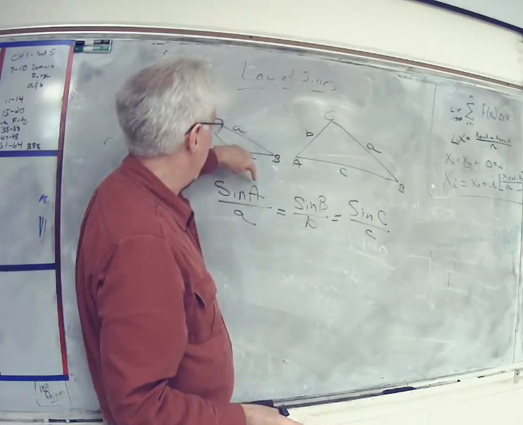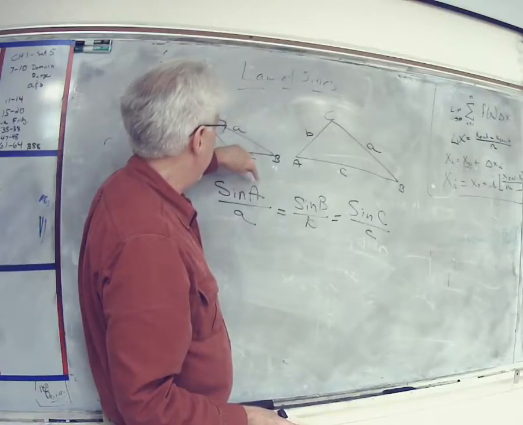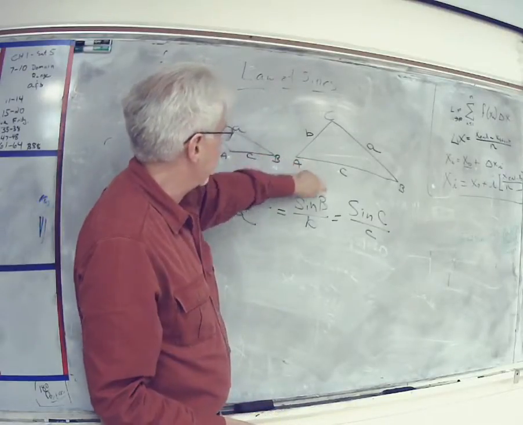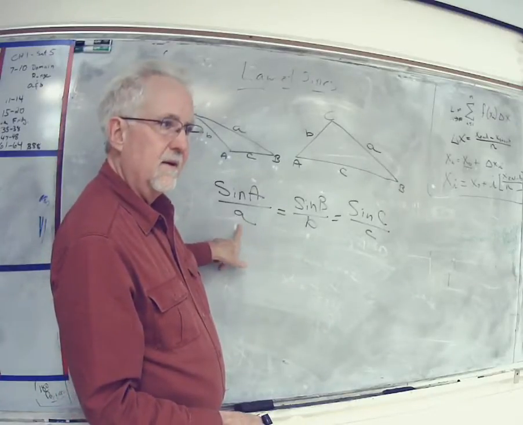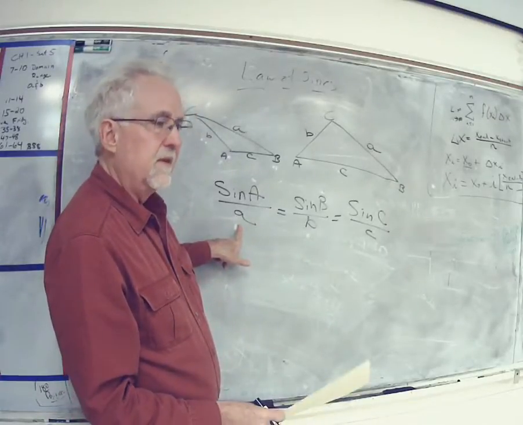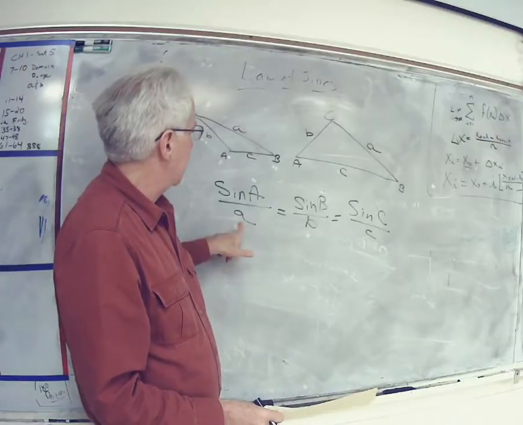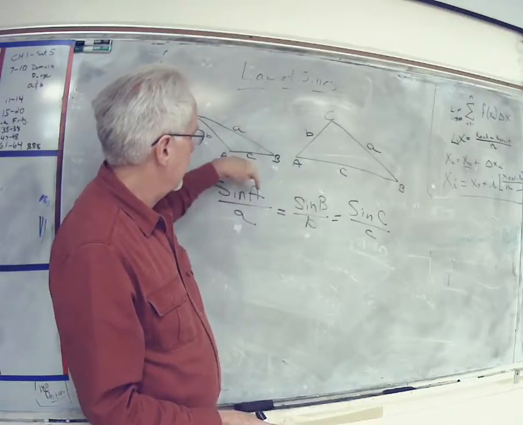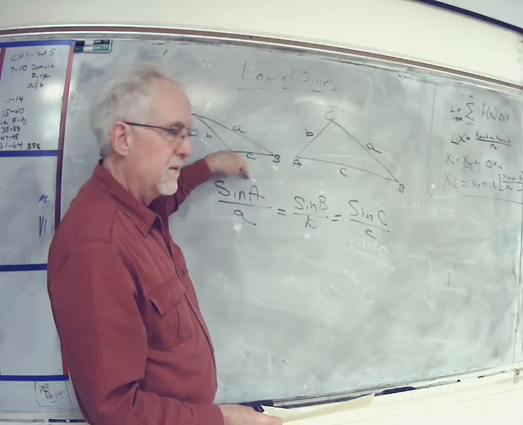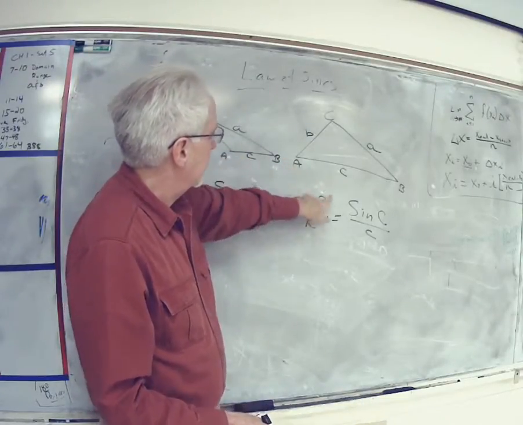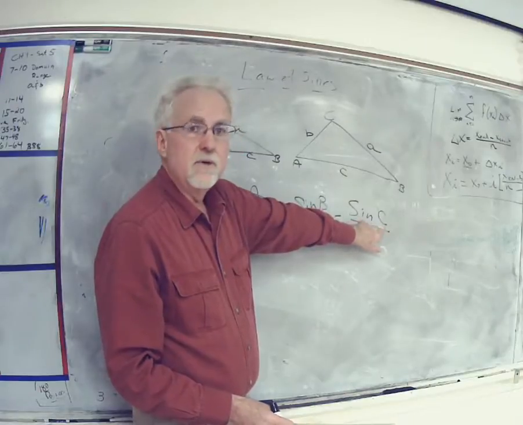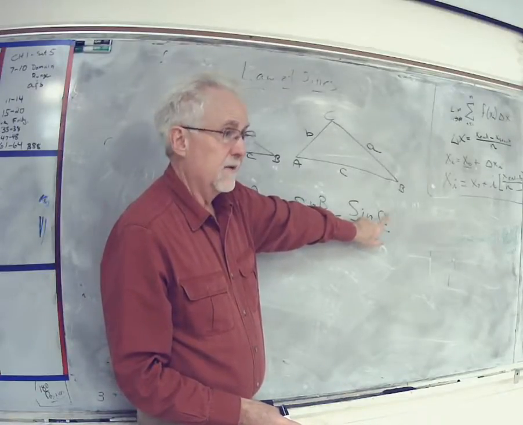If they give you an angle and a side, you could solve for the other side, right? Or if they gave you side angle, you could solve for the angle. And then if they gave you this angle, and you've got to work over here, how would you get this? You could still get that other angle, right?